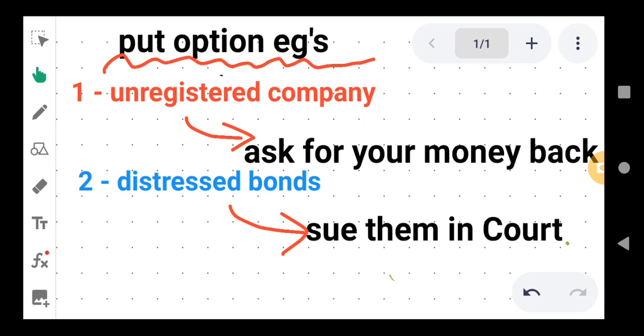But in the meantime, if the stock price goes down, this is where the put option can be exercised. If the stock price of an unregistered company goes down, you can say to the company, you fooled me into investing in your unregistered company. Now I want my money back, I want you to pay back my original capital invested.